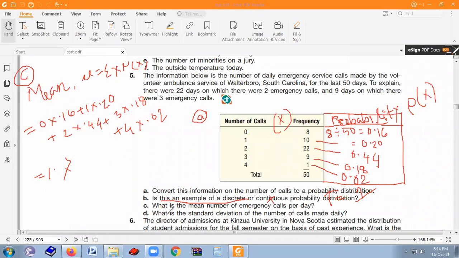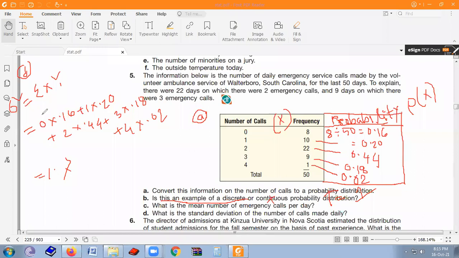And then number D: what is the standard deviation of the number of calls made daily? For D we have to find the variance first, then we take the square root of the variance and we will get the standard deviation. So number D: variance is sigma square, the formula is summation x square probability of x minus mu square.